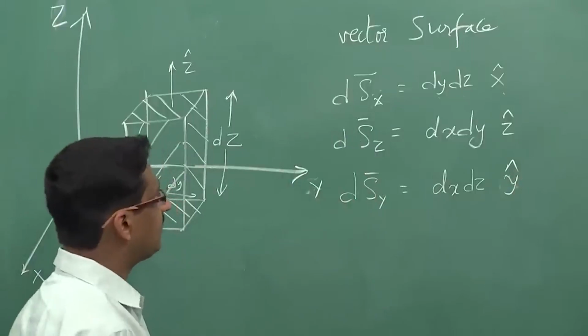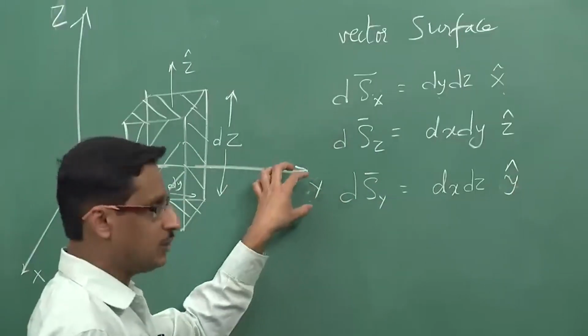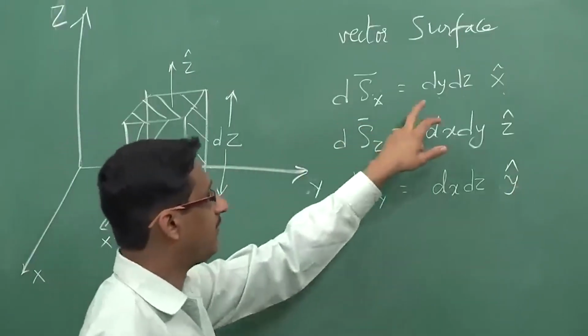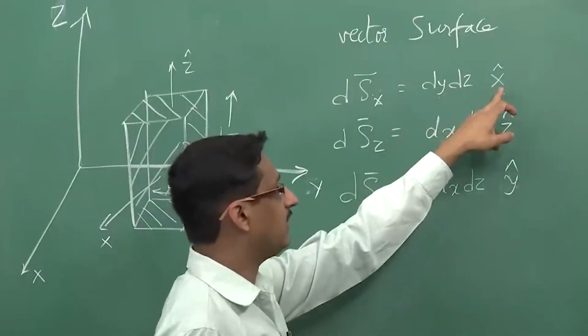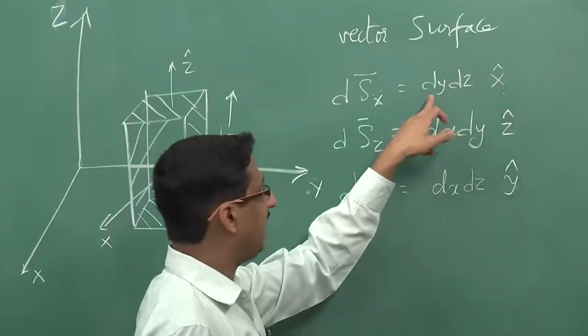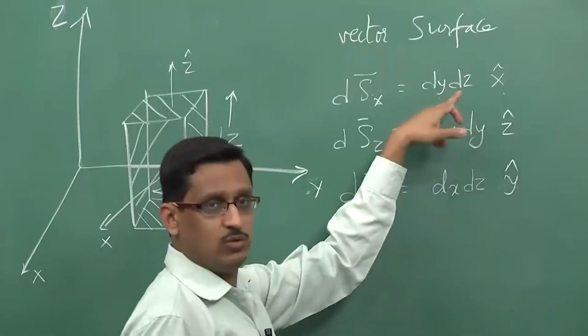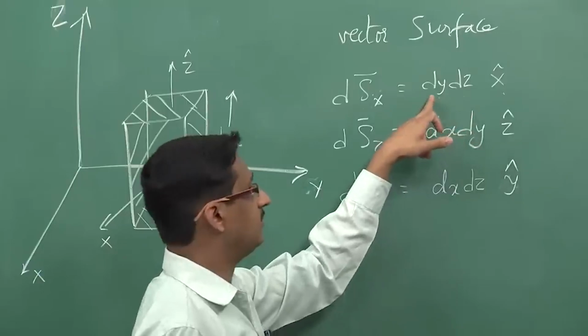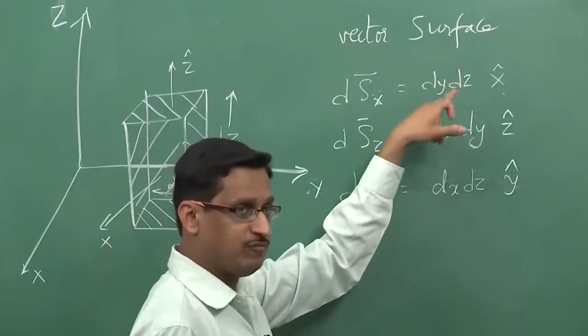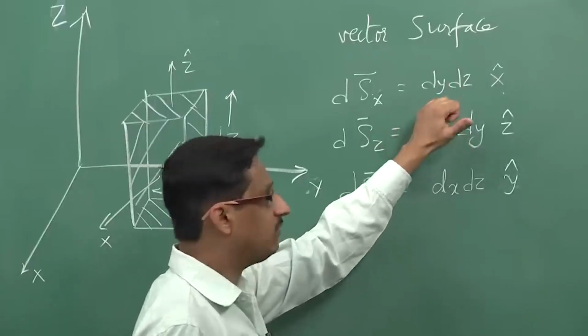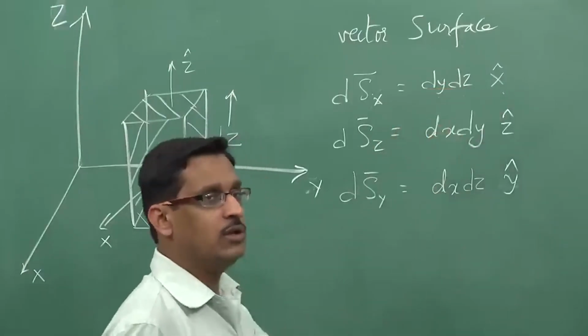So, these are the 3 surface elements or surface areas that you are going to see. This is the magnitude of the surface area, and this is a vector that would be perpendicular to the plane that contains these 2 elements. Okay, dy is the direction along y, dz is the direction along z in which you have moved or distances that you have moved, and a vector surface area will be something that would be perpendicular to the two.